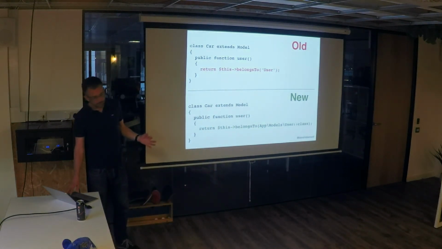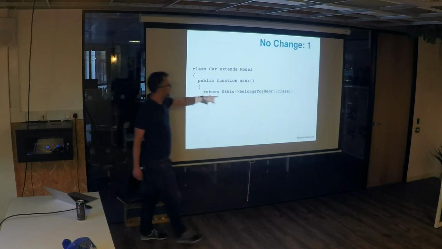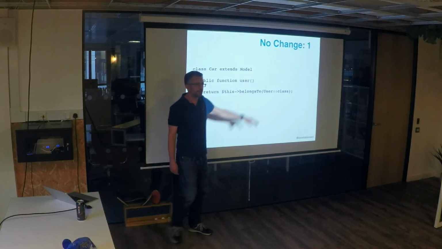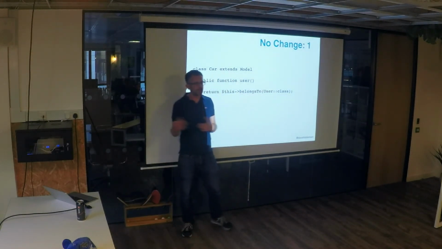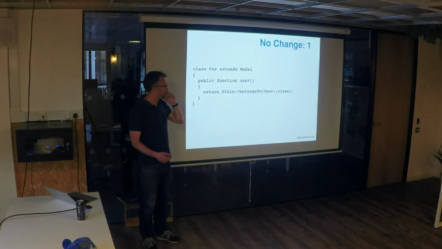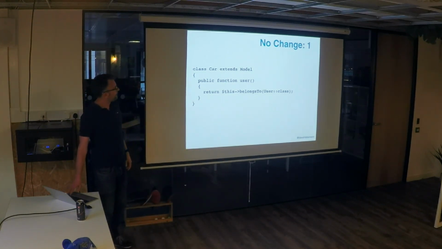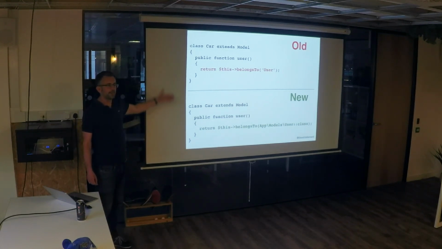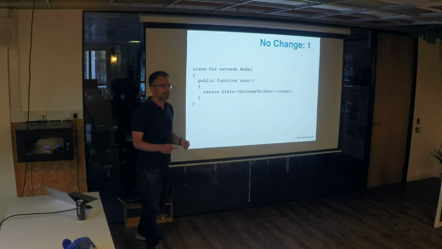But although in our initial code we used string versions, in some code we still use the user::class. So we didn't need to update this. So we couldn't go through every belongs to method and just take what was in there and convert it to the new way, because some of them were already using the correct way. So what we think about when we're creating a Rector rule is what code do we want to change, and what code looks similar, but we don't want to change.